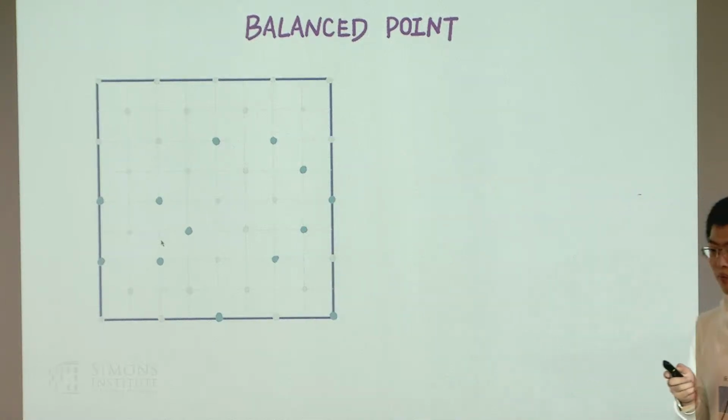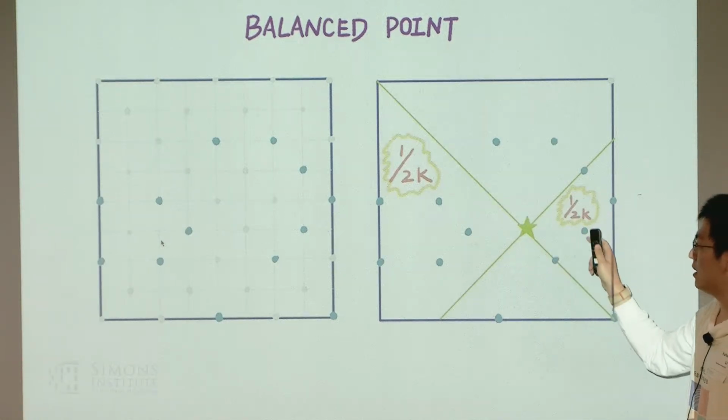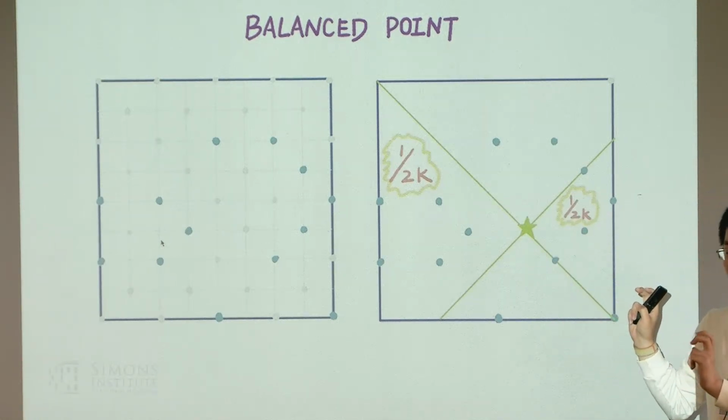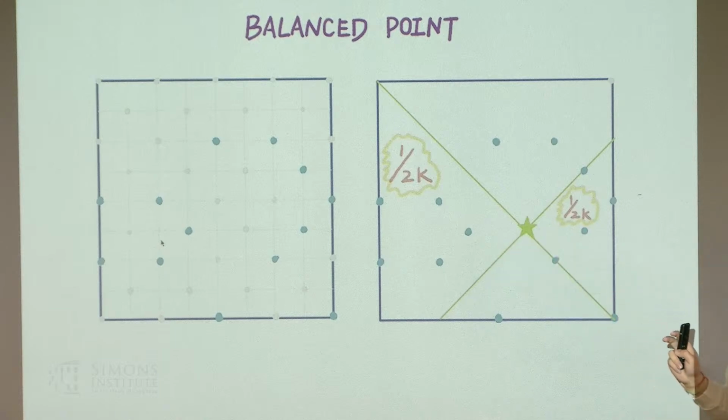What I can show is that there exists a grid point such that if you do the partition as usual, there exists one coordinate where both sides contain a large fraction of the blue points. In particular, 1/2k, where k is the dimension.